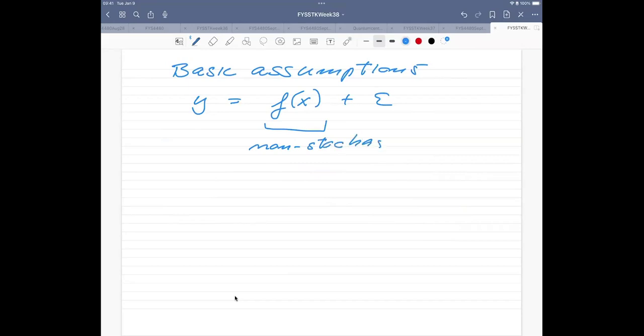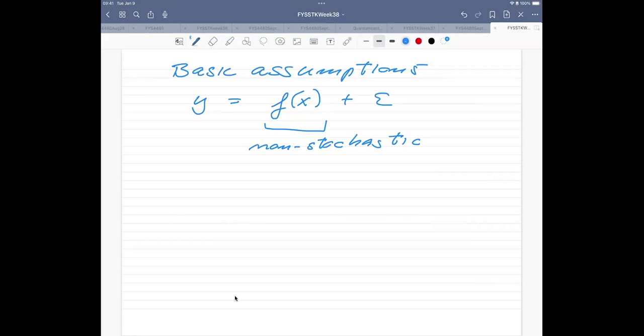So if there is a probability distribution which governs y and epsilon, that probability distribution does not affect f of x. So it's easy to think of that in terms of just a plain function like a second order polynomial. But you could also think of this as a function which takes some input when you're running an experiment. So suppose you're running an experiment where you measure the velocities of a car as a function of time.